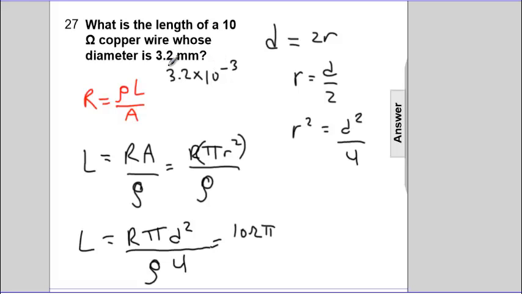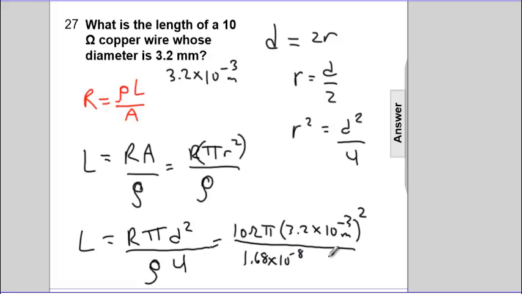That's the diameter in meters. So we'll write that 3.2 times 10 to the negative 3 meters quantity squared, divided by the resistivity, 1.68 times 10 to the negative 8 ohm meters times 4.